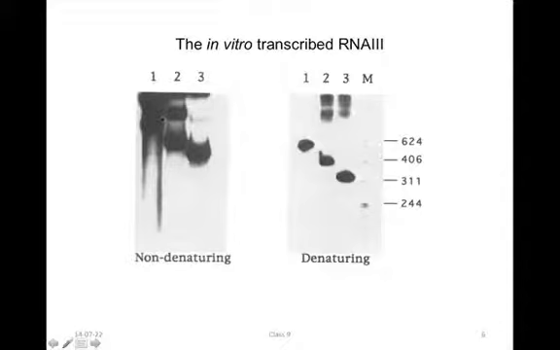So if you use just full-length RNA 3, in lane 1 it's a great big smear, and that's if you use non-denaturing conditions. Now if you use denaturing conditions and use the same amount, you get a really nice band.